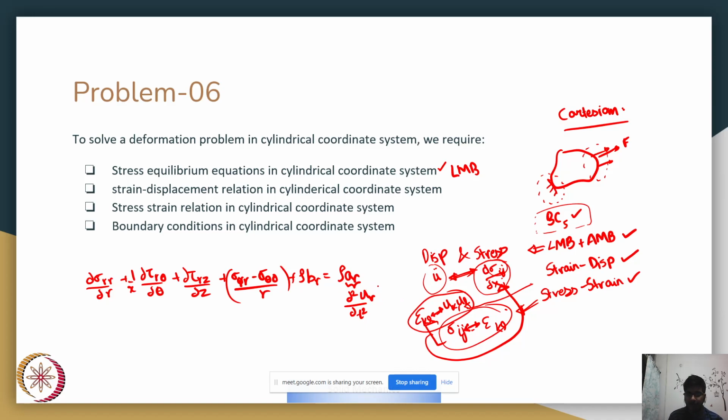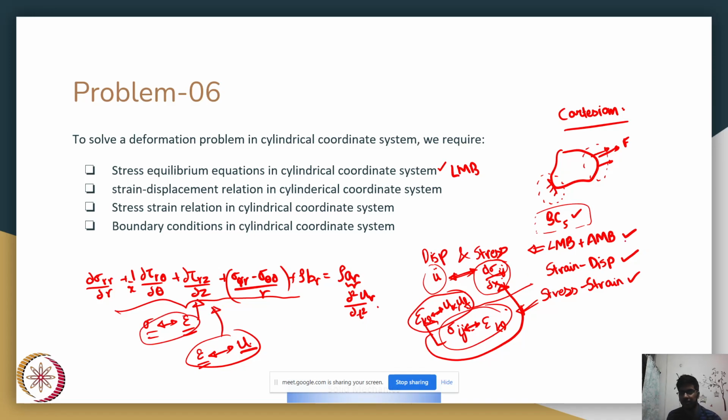So we have this equation. Then the next one we have is relating sigma with respect to epsilon. We substitute it here, and another equation that we use is epsilon in terms of u. That is then substituted here.